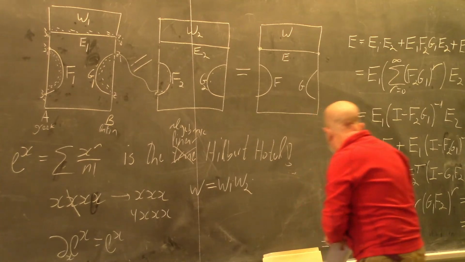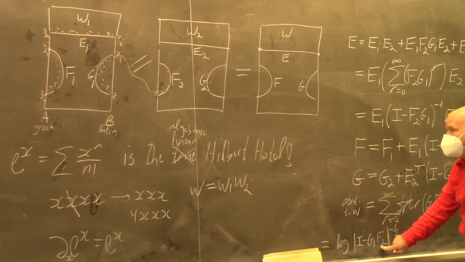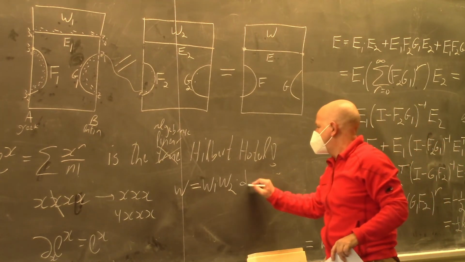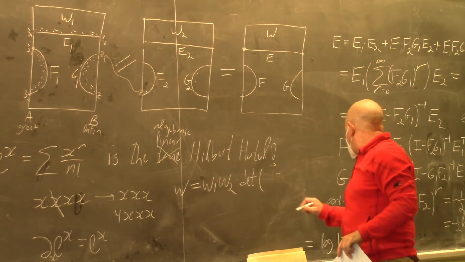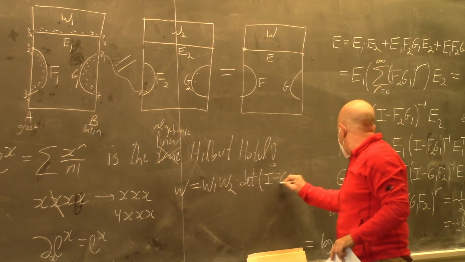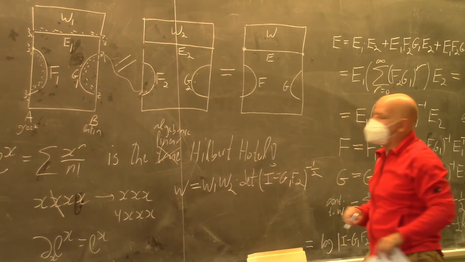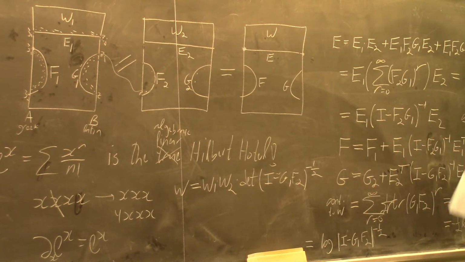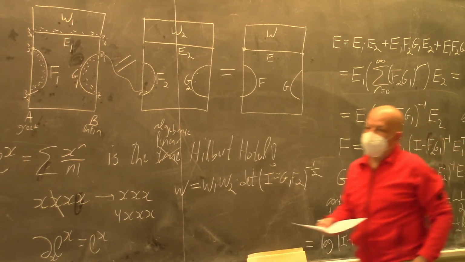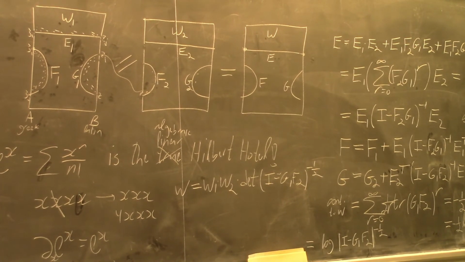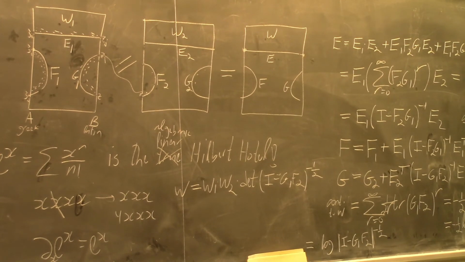So I really get the exponential of this, which is just the determinant of 1 minus G1 F2 to the power negative 1/2. This requires justification.